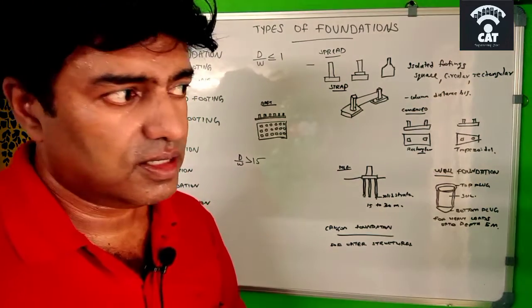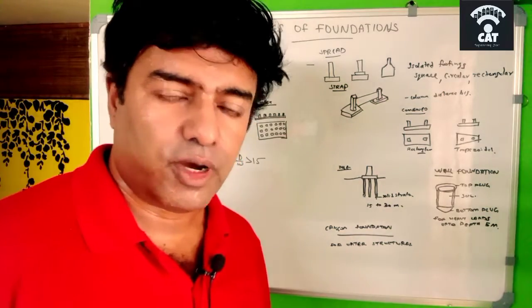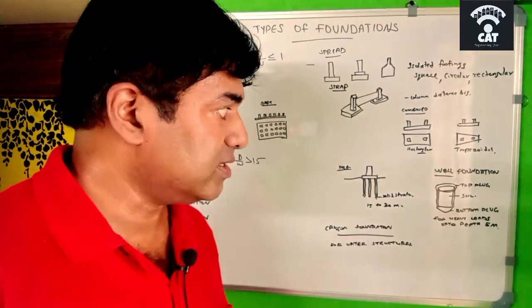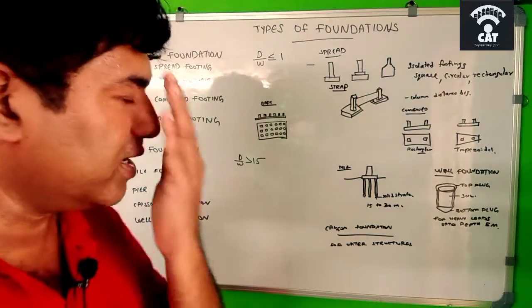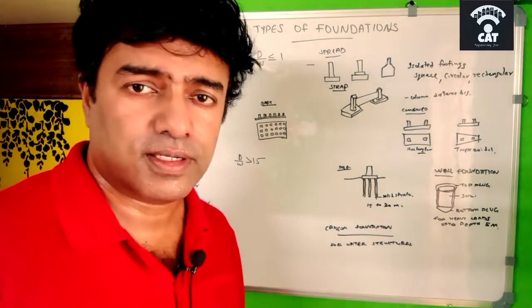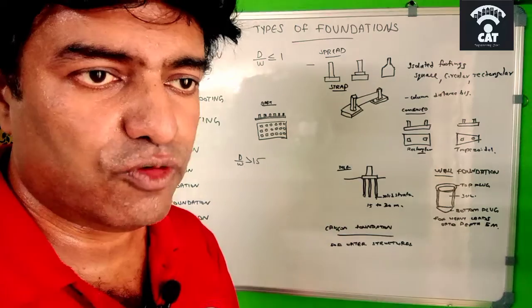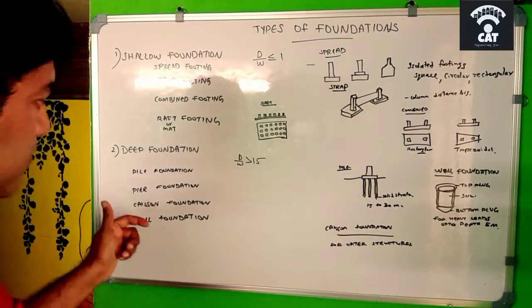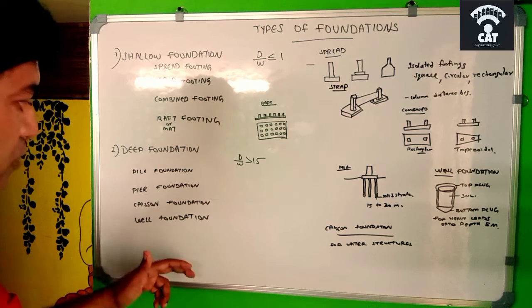We can see it above the ground too. It is not expensive also. The pier foundation is not that expensive when compared to the pile foundation. So if the soil condition and the prevailing technology or the skilled labor is there, then we can go for pier foundation. And the third one is caisson foundation or well foundation.